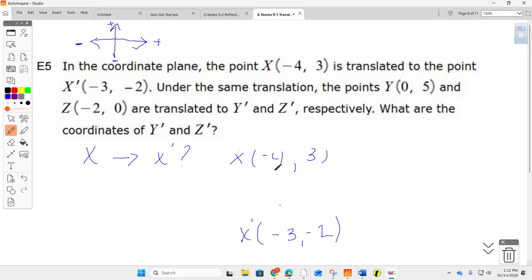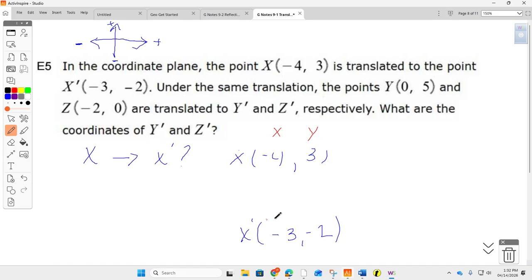We need to look at what happened in between the x coordinates here. How do we go from this y coordinate to this y coordinate? So we're looking at x and y coordinates. We need to figure out that rule. What do we add or subtract to x to get the x coordinate of X prime? What do we add or subtract to the y coordinate to get the y coordinate of X prime?